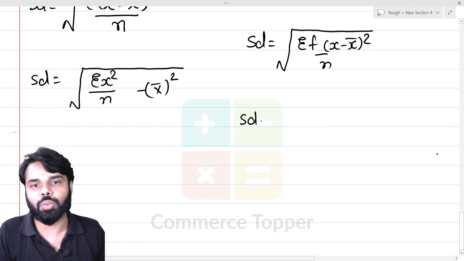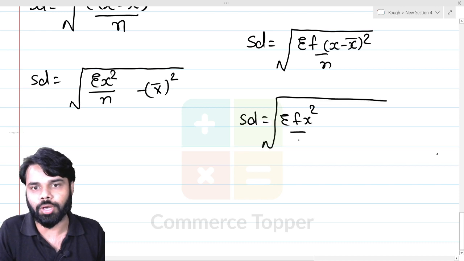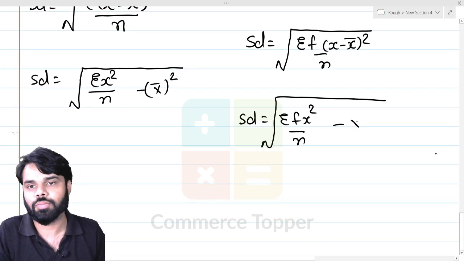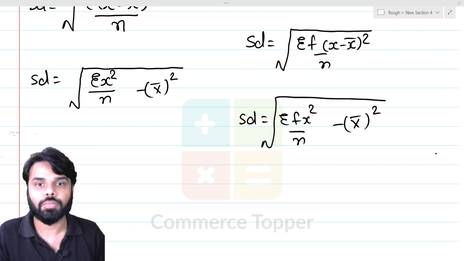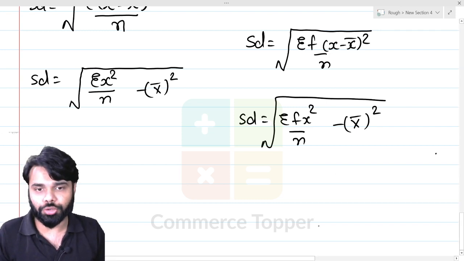Or standard deviation equals under root sigma f x square upon n minus x bar square. Okay, so this is done. Let's move further.